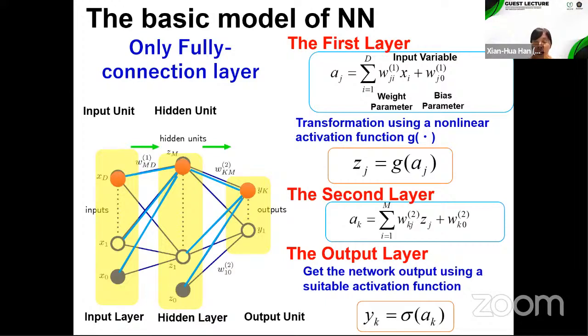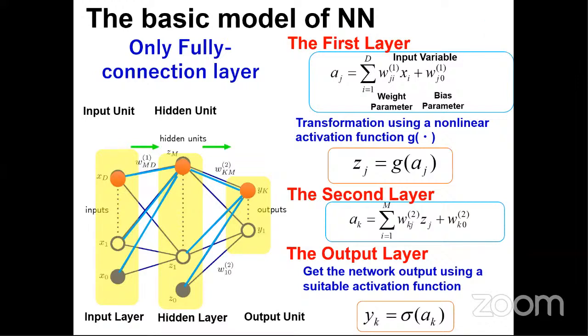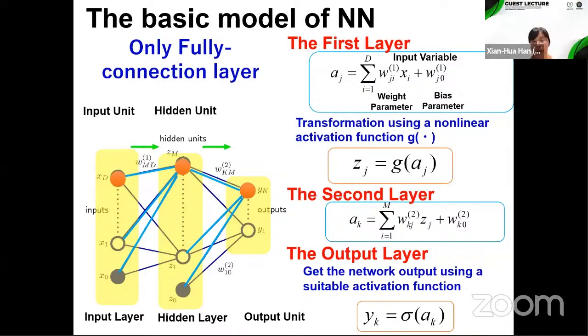The second layer has a similar operation, but the input and output are different. The input is the value of the hidden units, and the output is the final layer's values.